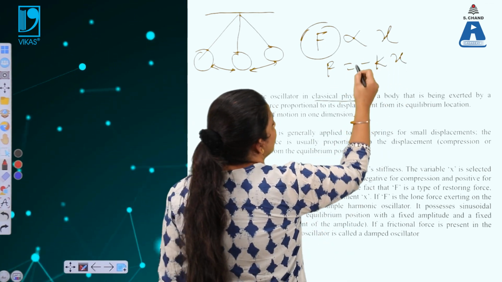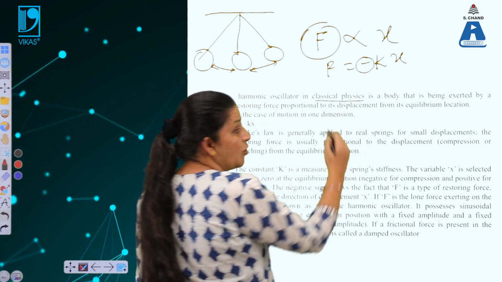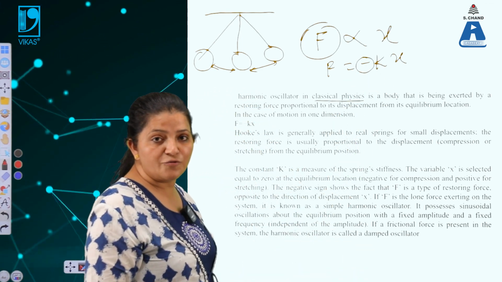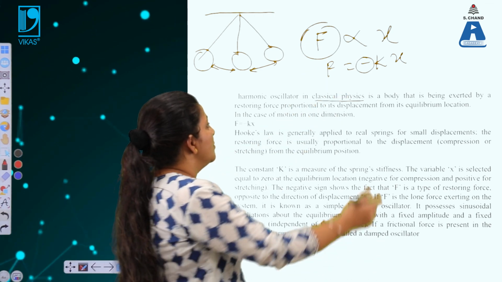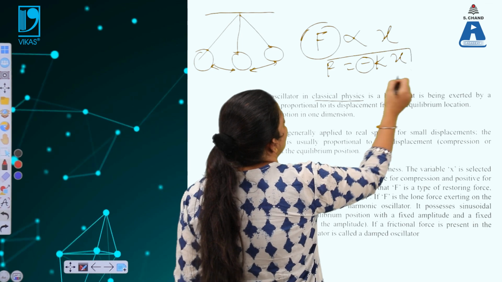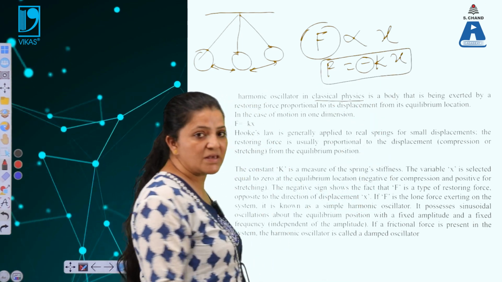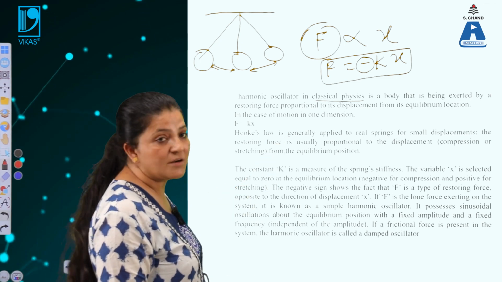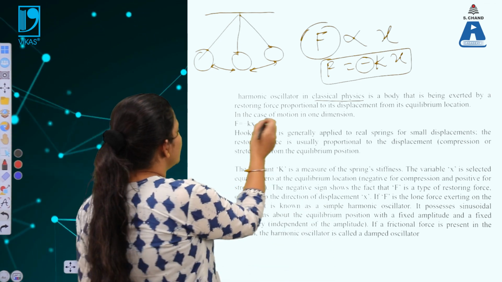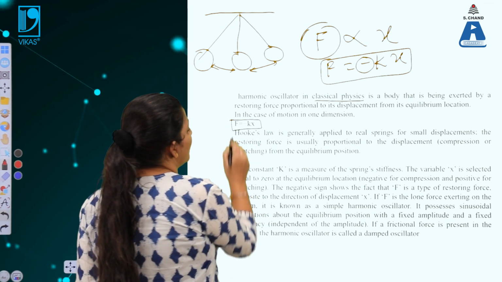Why is there a negative sign? Because they act in the opposite direction. The restoring force acts in the opposite direction to the applied force. So the force equals minus kx, where k is the spring constant and x is the displacement. This is also known as Hooke's law.